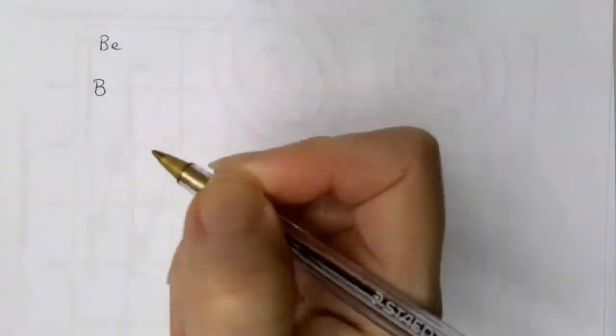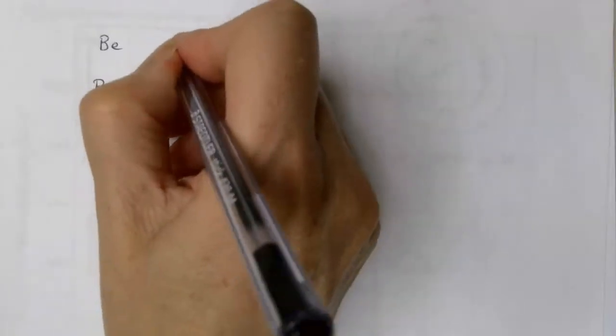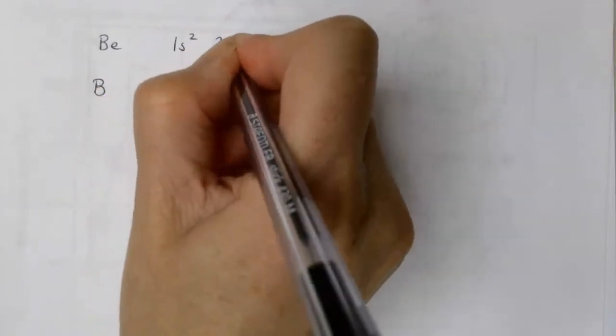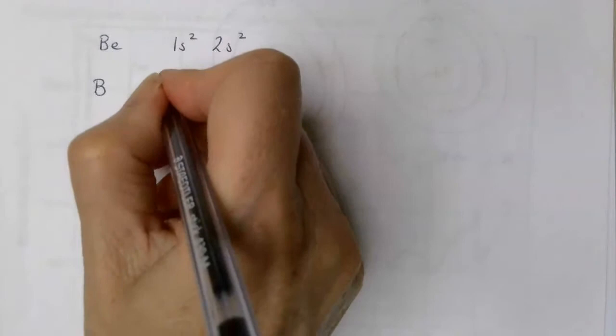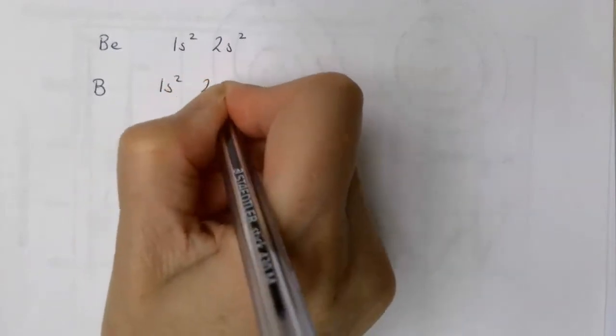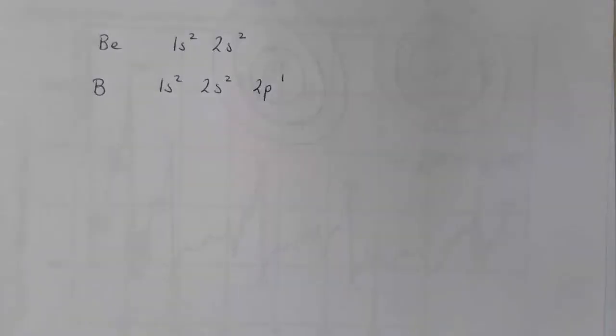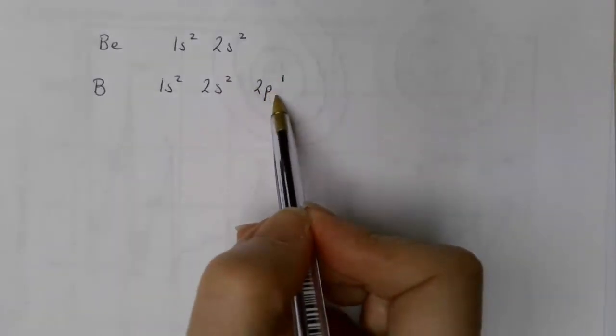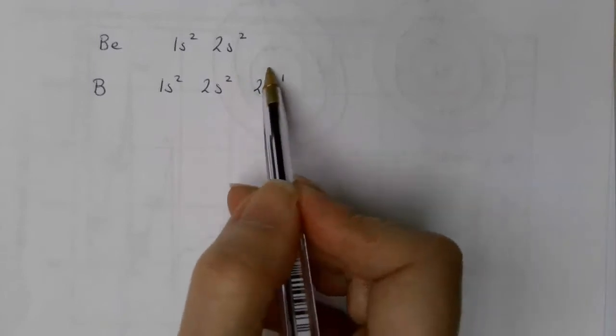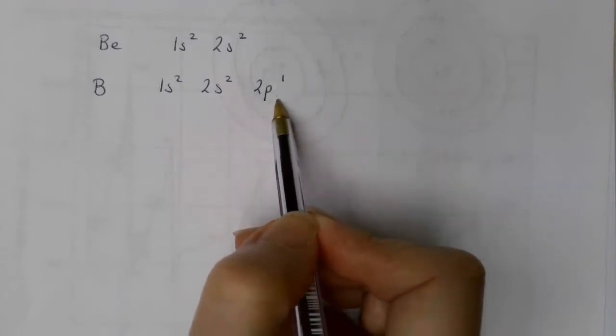So to understand this, we need to look at the electron configuration of beryllium and boron. So beryllium, 1s2, 2s2. Boron, 1s2, 2s2, 2p1. So boron's outermost electron is coming from a 2p subshell.